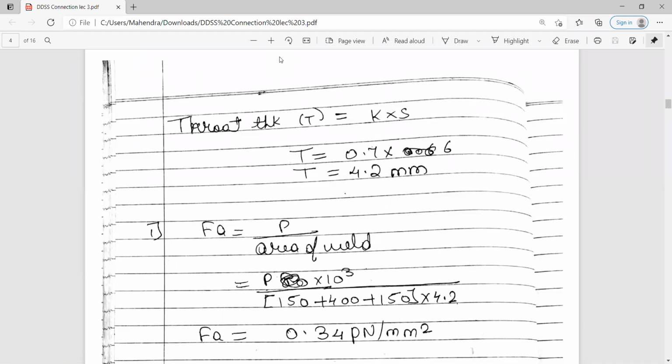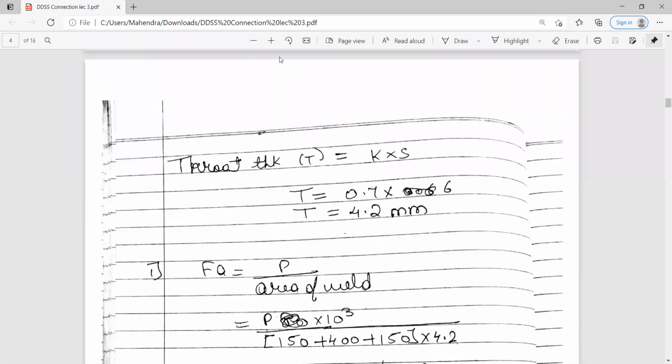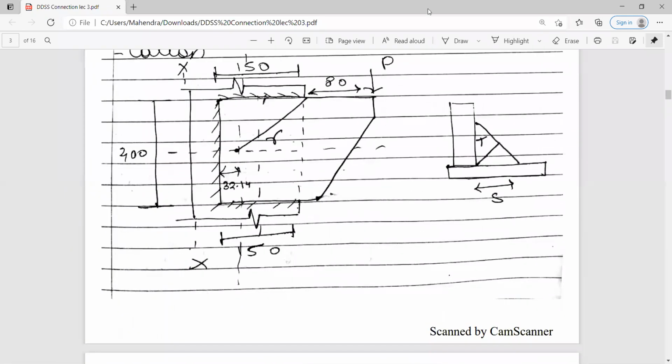Then FA is nothing but the load upon the area of the weld. The load is not given to you; the value of P is not given. They have told you to calculate the value of P. And how will you calculate the area of the weld? As you can see, look at the inside bracket connection. You have to consider the whole size of the bracket connection. That means this one, this 150, this one is your 400 and again this is your 150.